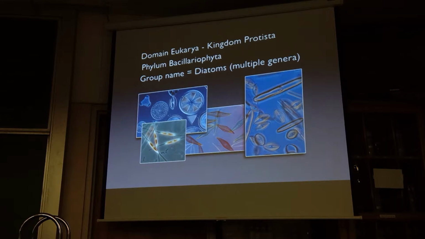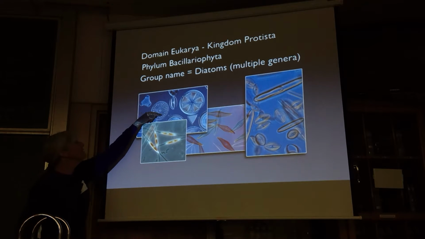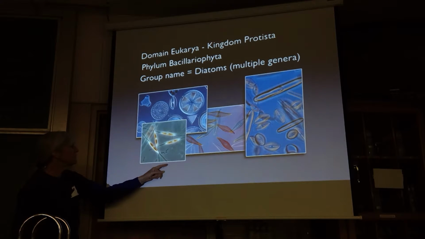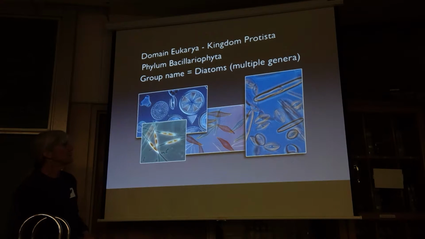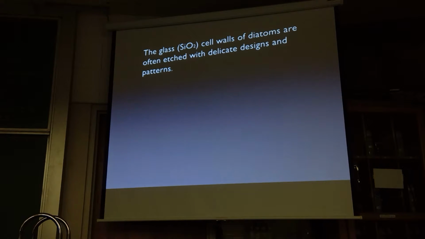But in this image up here, you can see a lot of different shapes. So this is kind of a triangular shaped one, this is a circular one, this is kind of a spindle shape. These are long spindles with these spines off the end. What's kind of interesting about diatoms, the glass walls, the frustules, have little indentations in them.